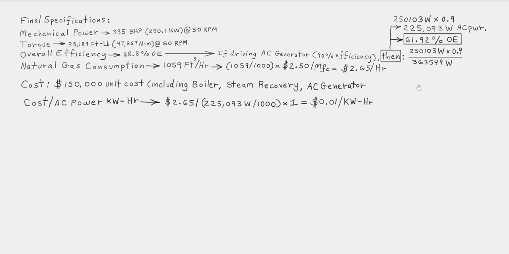That's about $90 of fuel cost to run this for 24 hours, harnessing all 225,093 watts. We also got return steam going back to hotter water, so there's going to be less power required to re-vaporize that. And so you're looking at about $89, say $90 for a whole 24 hours.